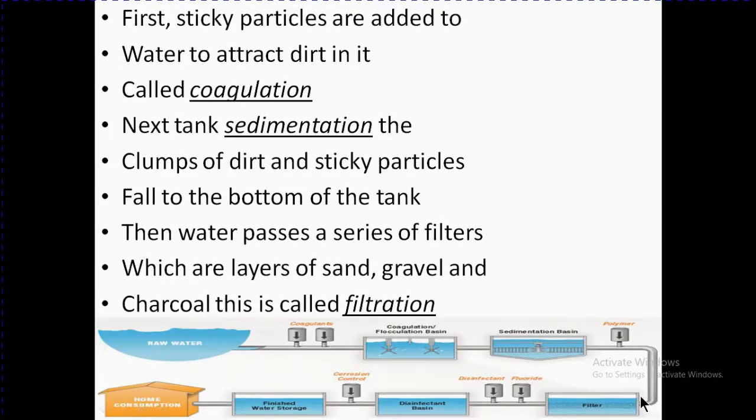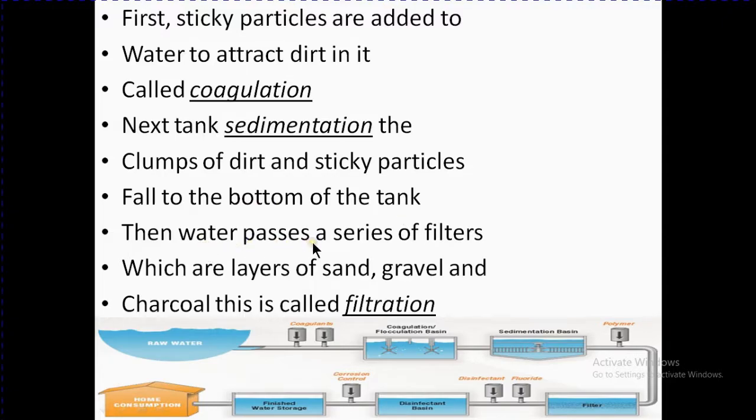So let's see this. First, sticky particles are added to the water to attract dirt in it, called coagulation. The next step is sedimentation. The clumps of dirt and sticky particles fall to the bottom of the tank.